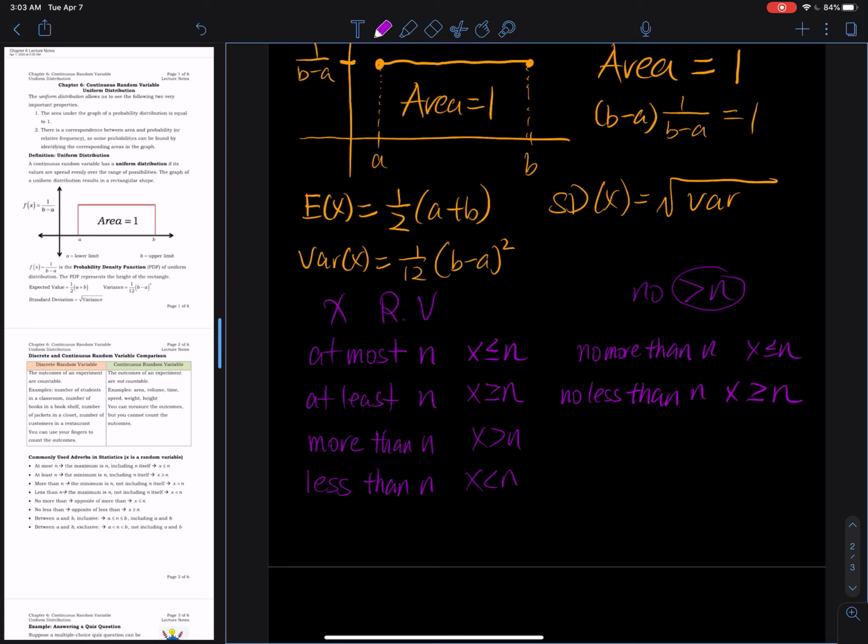And then we have between a and b. It can be one inclusive, one exclusive, or both inclusive or exclusive. Inclusive means including a, including b. Exclusive means you take away the equal.